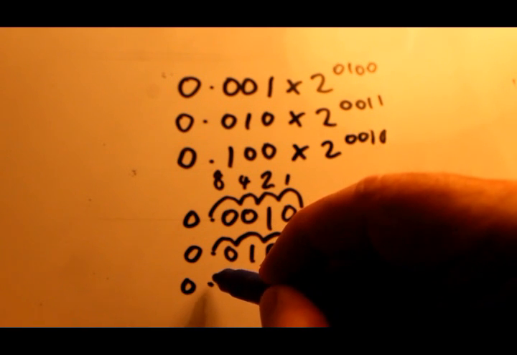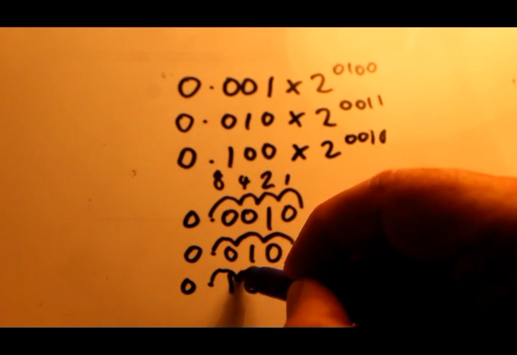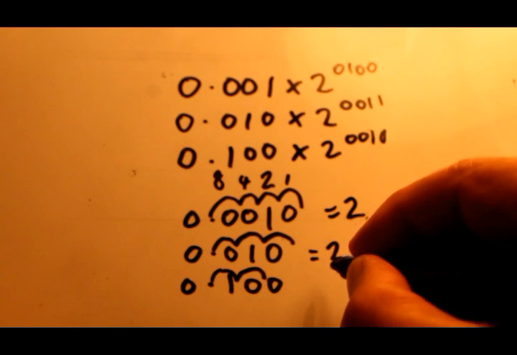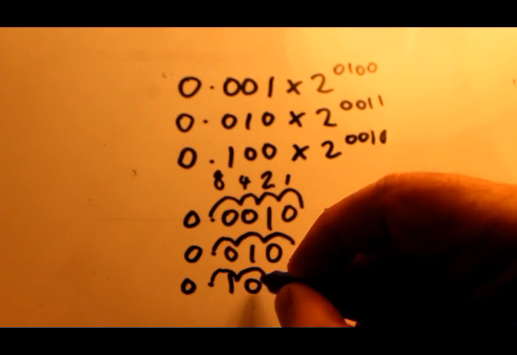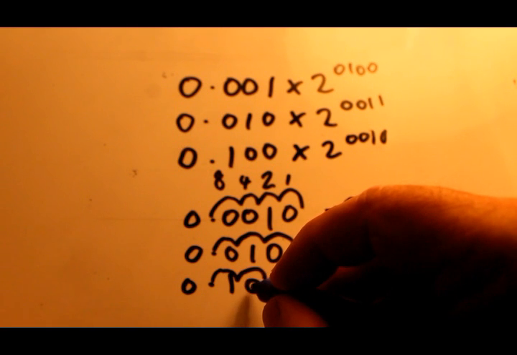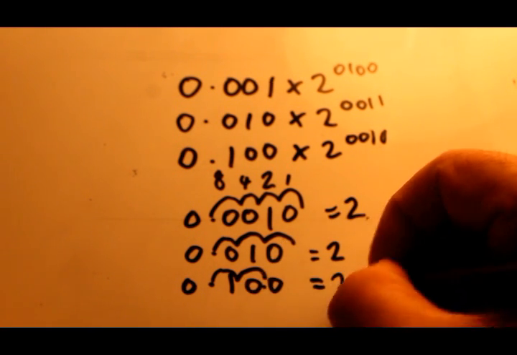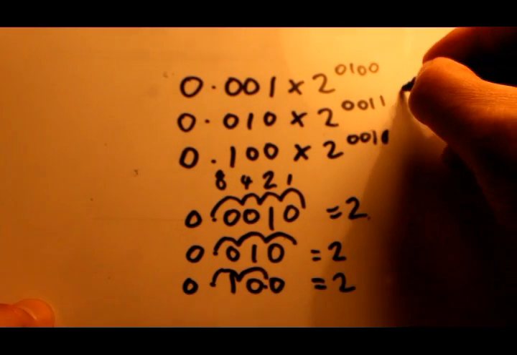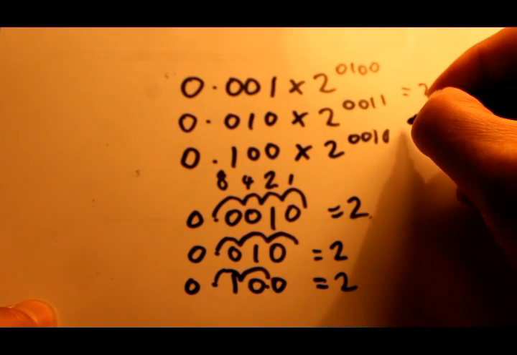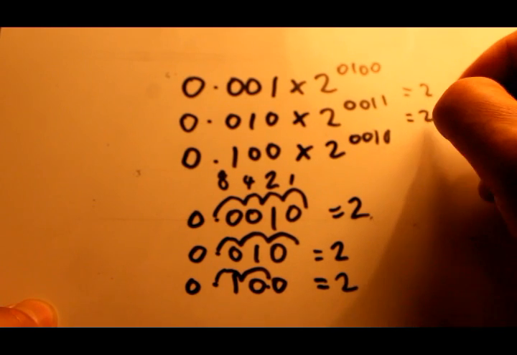So we go 1 and 2. And we have the number, decimal point goes there, that's 1 and 2, so they're all 2. So all these numbers up here equal the number 2.